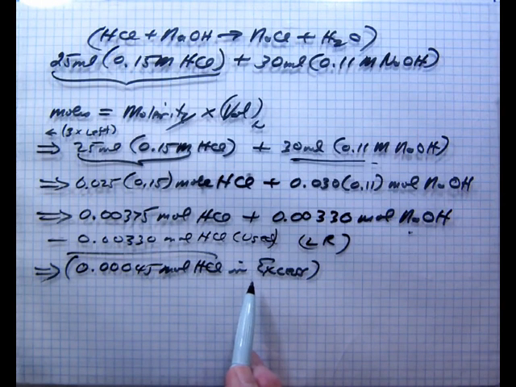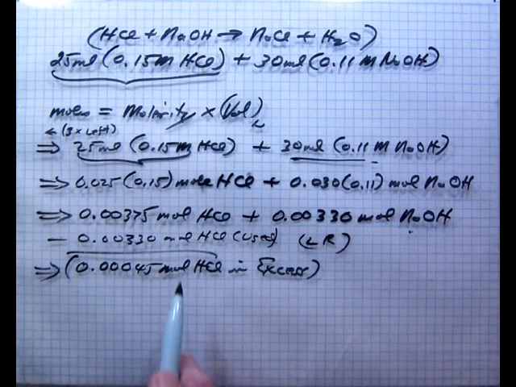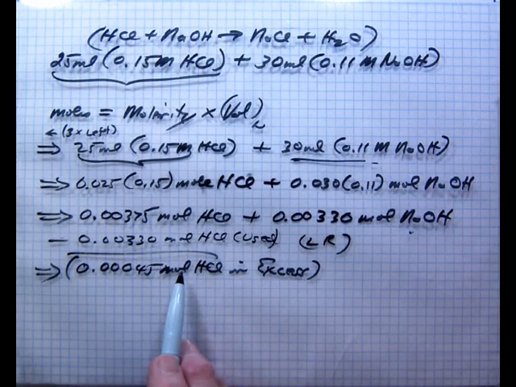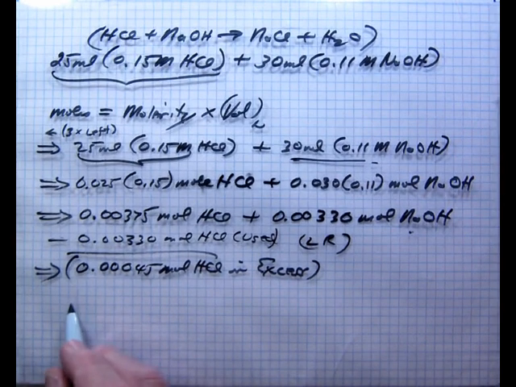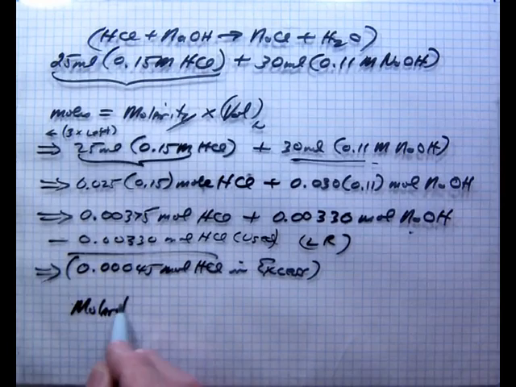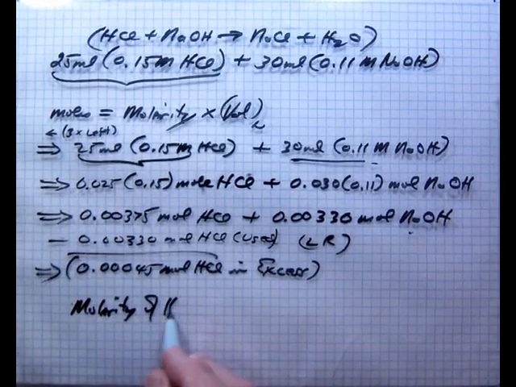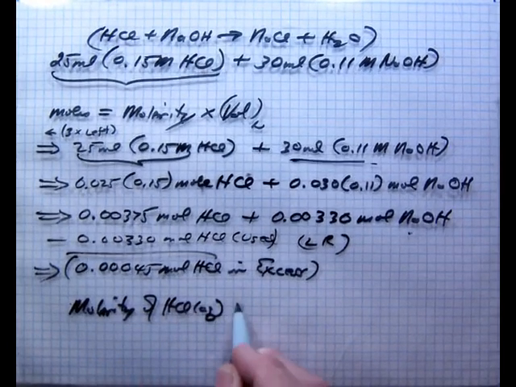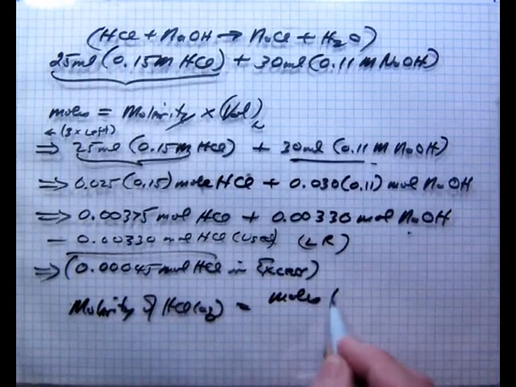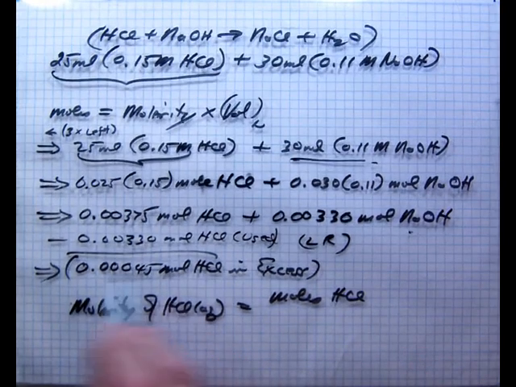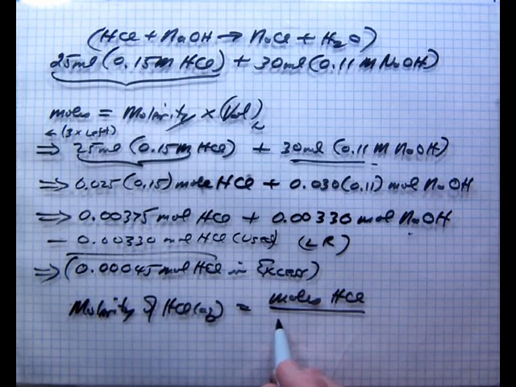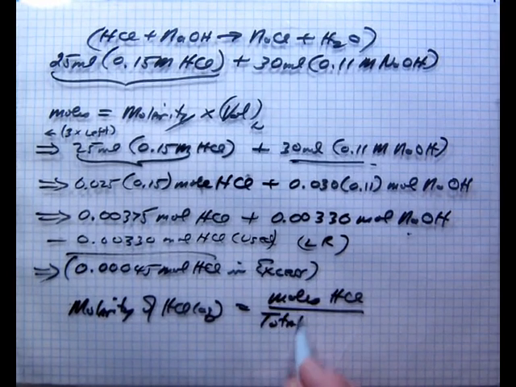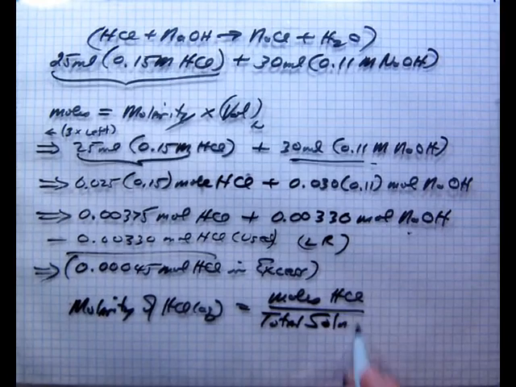Now, you need to define the concentration of the excess. This is in moles. And listen, moles ain't molarity. Molarity is moles over liters. Molarity of HCl aqueous solution is moles of HCl, which is this number right here, divided by the total solution mix.